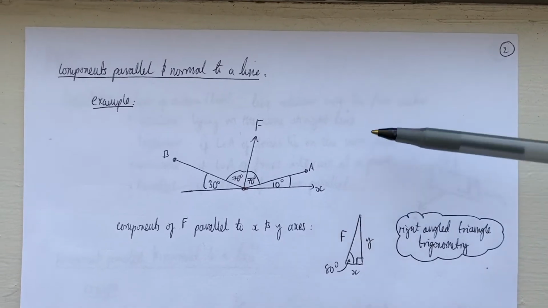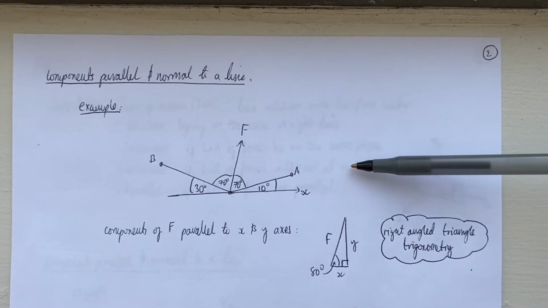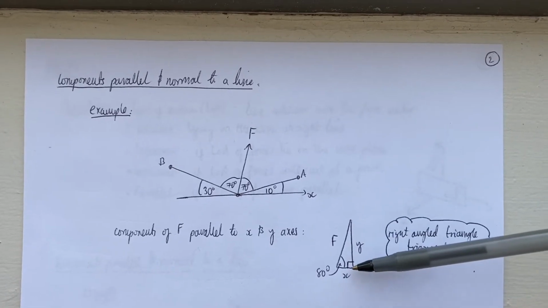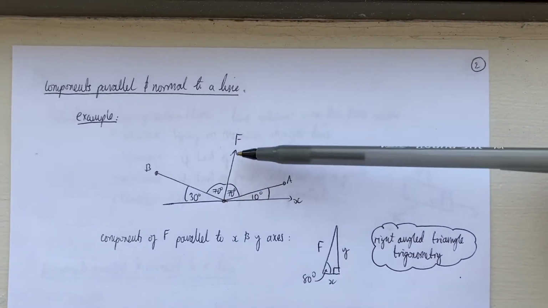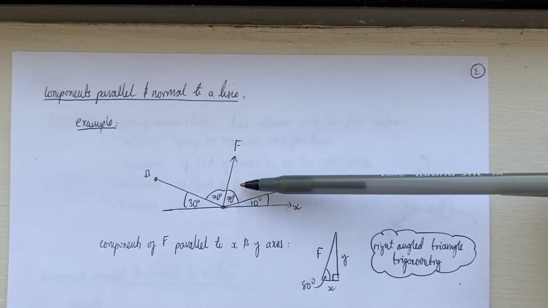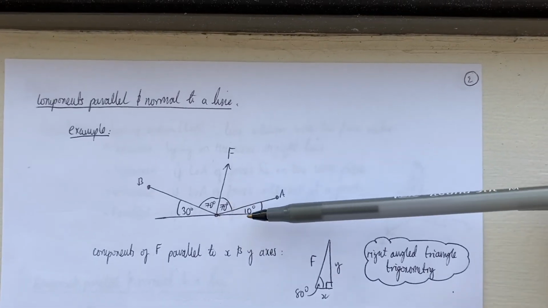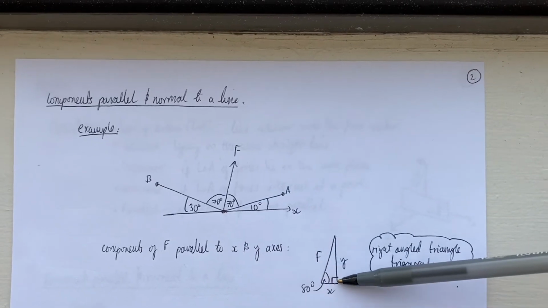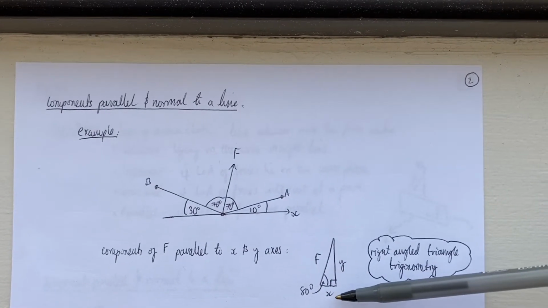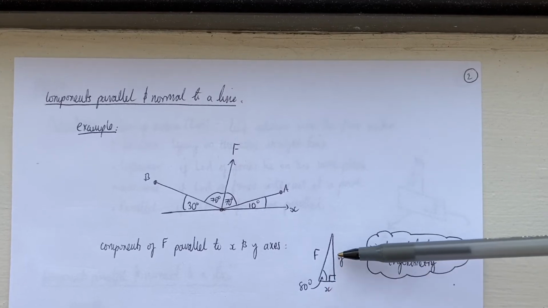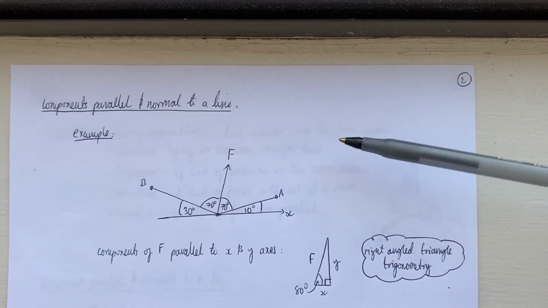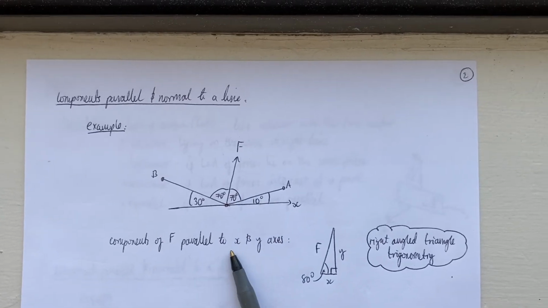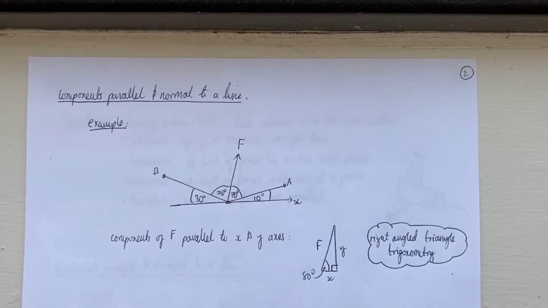And in that case, you're just solving a standard trigonometry problem, right, for a right-angled triangle. So here we know that f is at 80 degrees to the x-axis. So I just have to solve this triangle to find the components of x and y, and that gives me the components of the vector f parallel to the x and y axes.